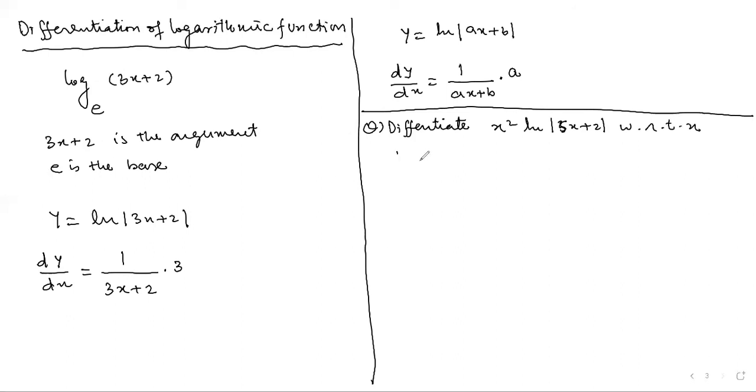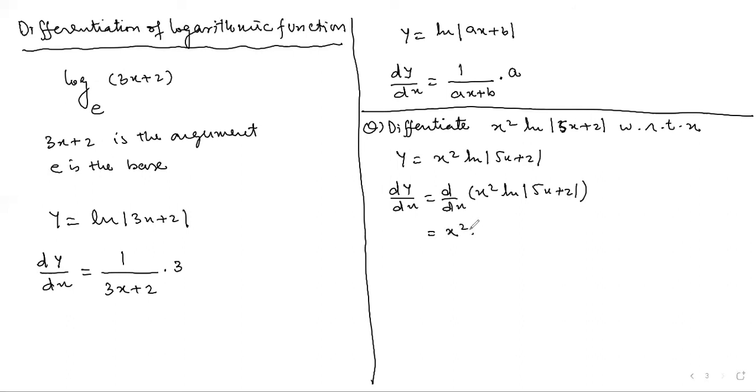First of all, we will name this function as y. We will apply d over dx on both sides. Now there are two functions. We will apply the product rule.